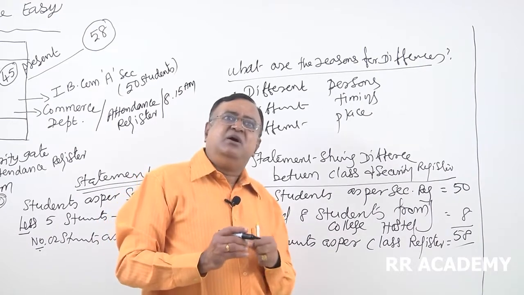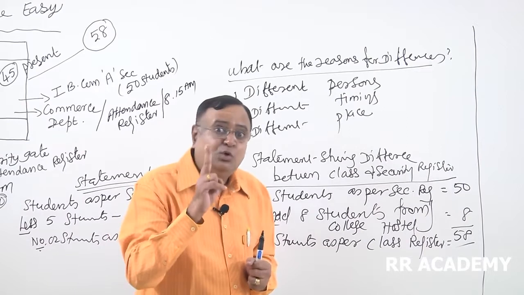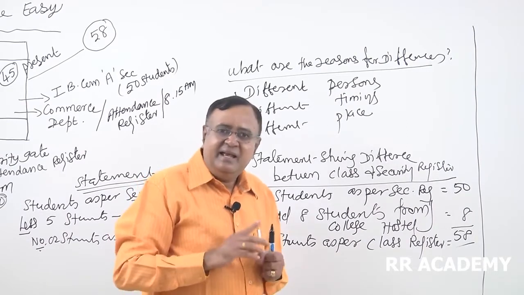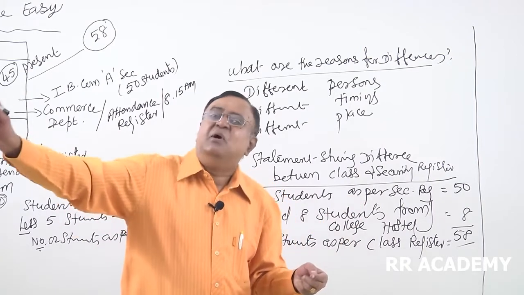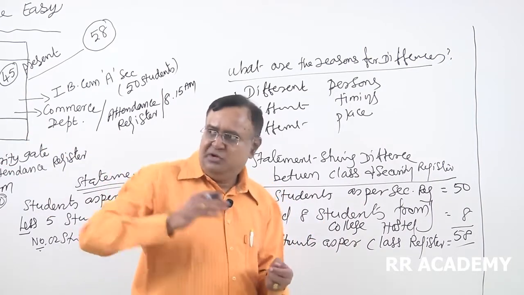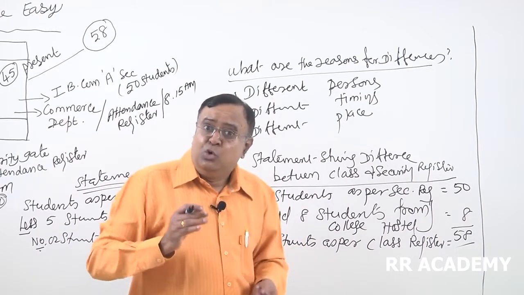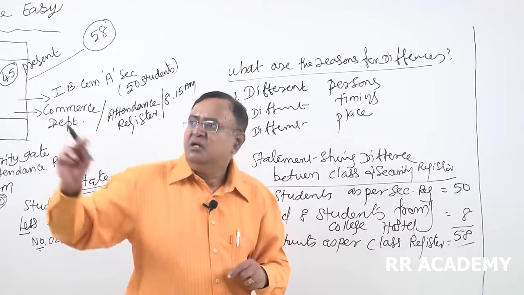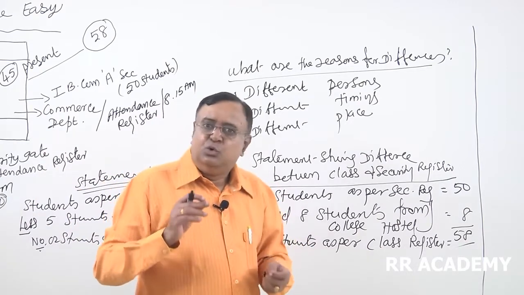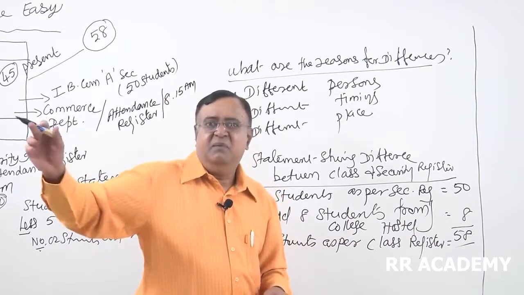Sir, why does BRS have to be prepared? Because there are also two books: one is the cash book, another one the passbook. Two different persons. Another one, two different timings: first cash book, then passbook. Two different places: office, bank.